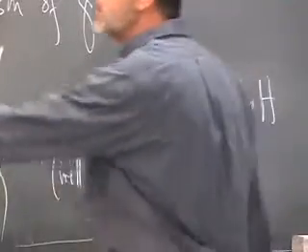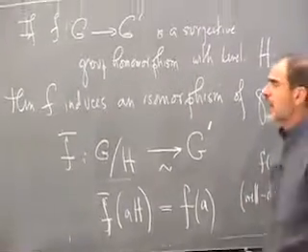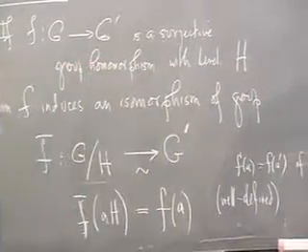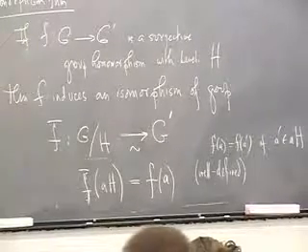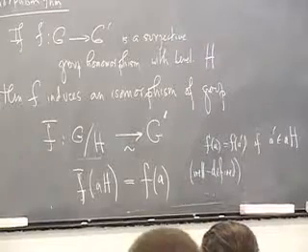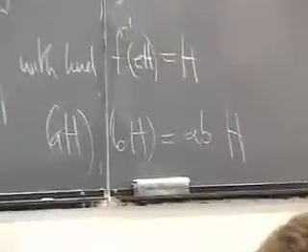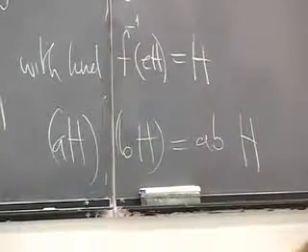That's just because H is the kernel. And you have to check that this is an isomorphism. So that shows that it's a well-defined map. Then you have to check that it's a group homomorphism. Well, that's because our multiplication law in the quotient group is that AH times BH is ABH. So you check that using the multiplication law in the quotient group, this is actually a homomorphism.